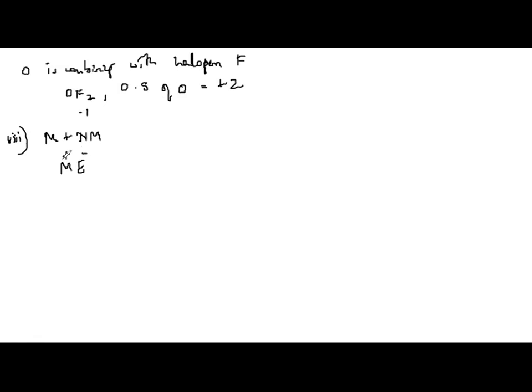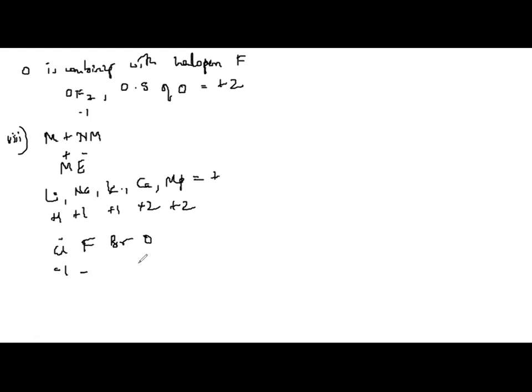For example, lithium, sodium, potassium, calcium, and magnesium will have +1, +1, +1, +2, +2. So it is positive for metals. Non-metals like chlorine, fluorine, bromine, and oxygen will have -1, -1, -1, -2 like this. So metals will have positive charge and non-metals will have negative charge. The oxidation number of halogens.